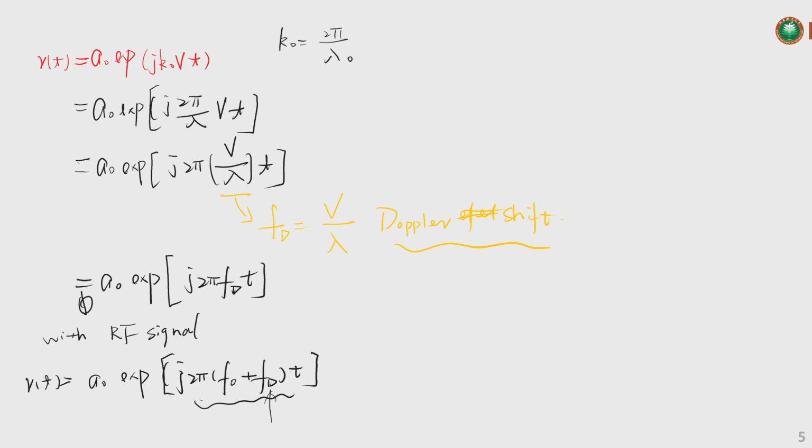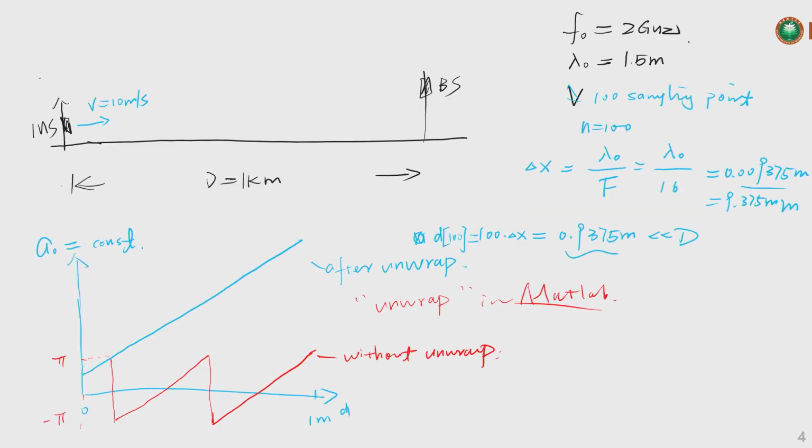So due to the presence of the Doppler effect, it's going to change the phase part, the variation of the phase evolution, for like this one.